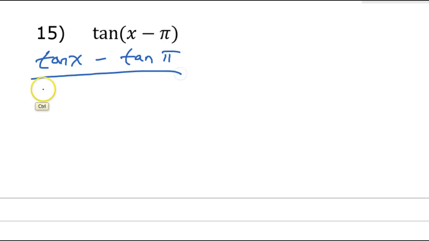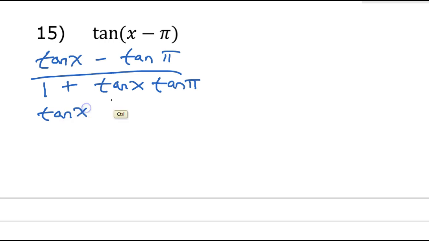But then it's going to be 1 plus tangent x tangent pi. So tangent x, there's not really anything I can do with that. But the tangent of pi, pi is right here.